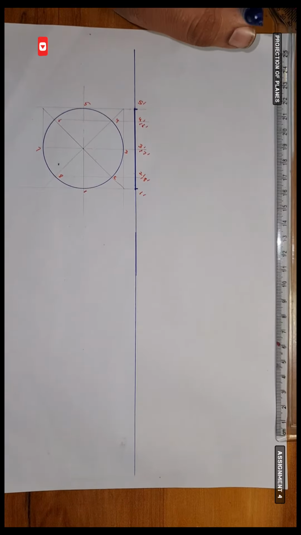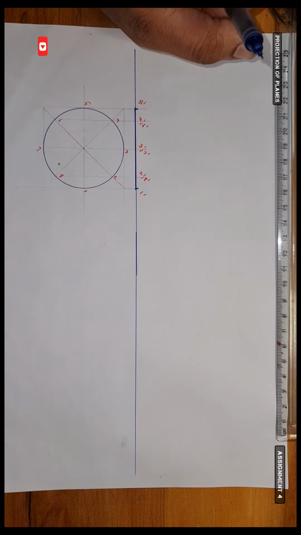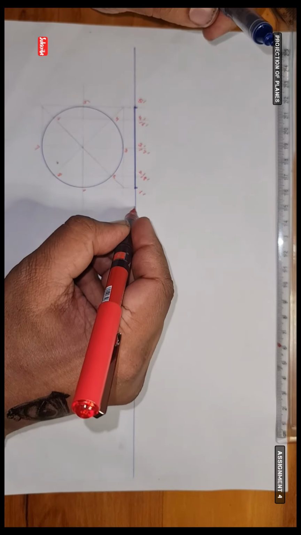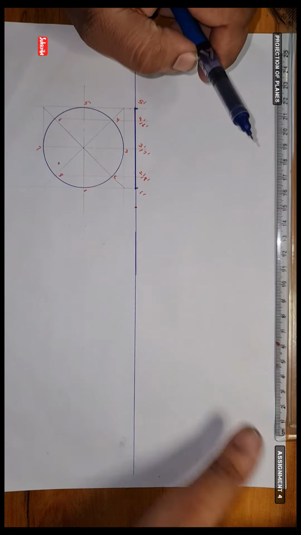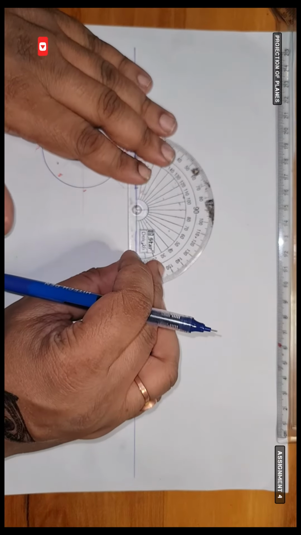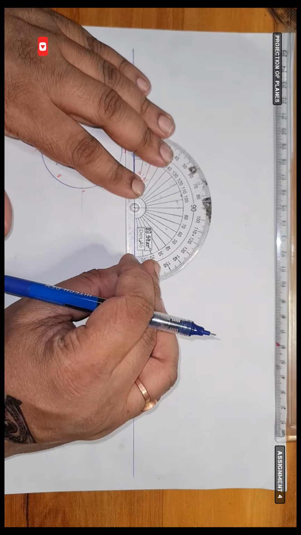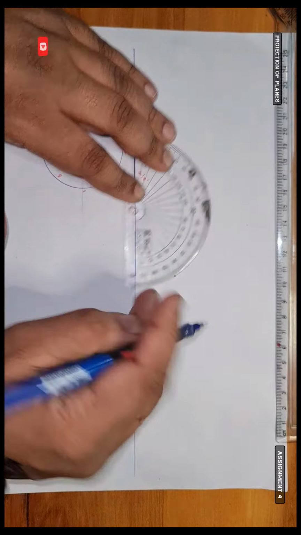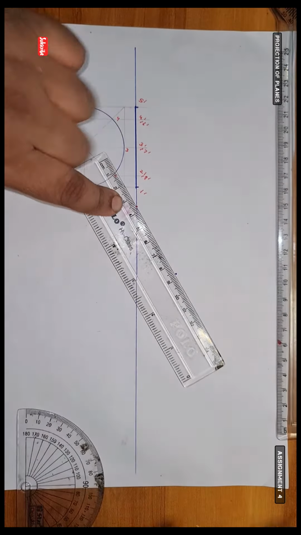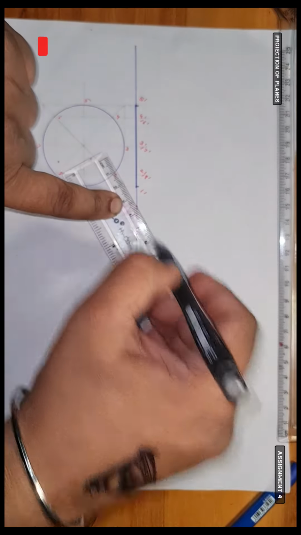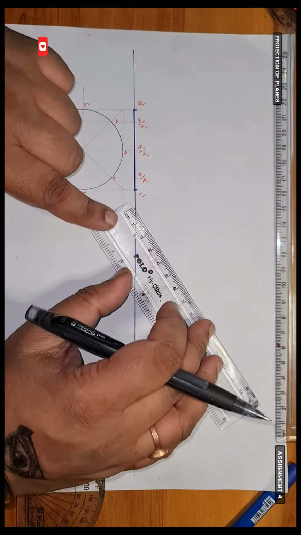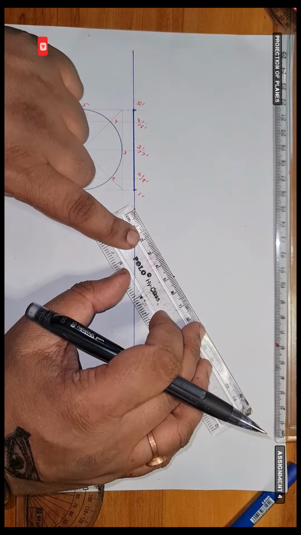Now you have to rotate it with a 30-degree with the HP. You may make any point and make an angle of 30-degree with the HP. Take the length. This length would become 50 because of diameter.